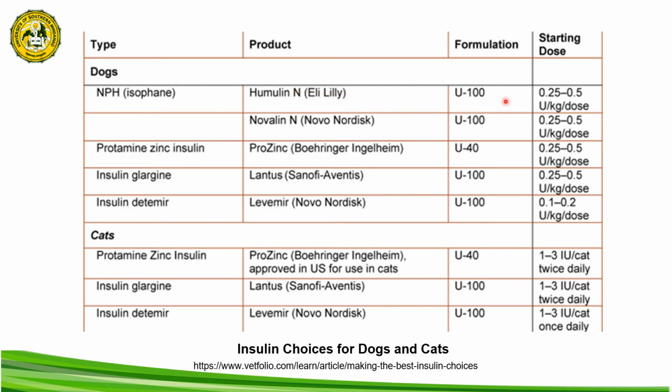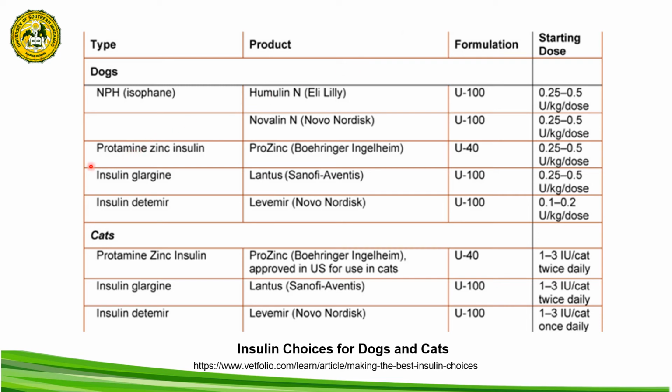This is the formulation and the starting dose. We also have the protamine zinc insulin. This has been extensively used for cats. It is typically given subcutaneously twice daily with a starting dose of 1 to 3 IU per cat.